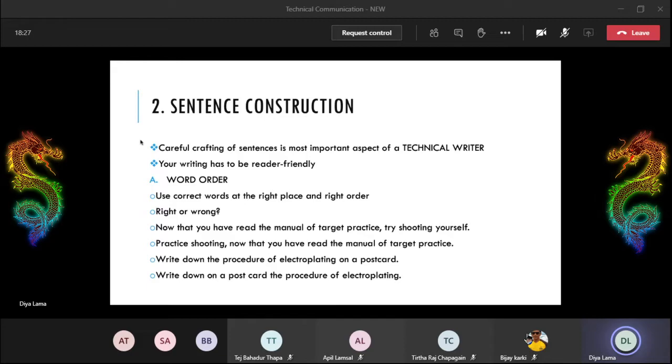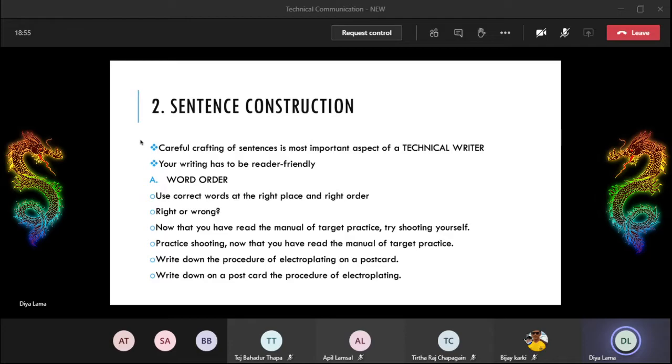You make paragraphs or you make points. It's not just one word you write. You have to write sentences. So sentences create गर्नको लागि तिमीले के गर्नुपर्छ त? You have to be careful. As a technical writer, you have to be very careful when you write your sentences.